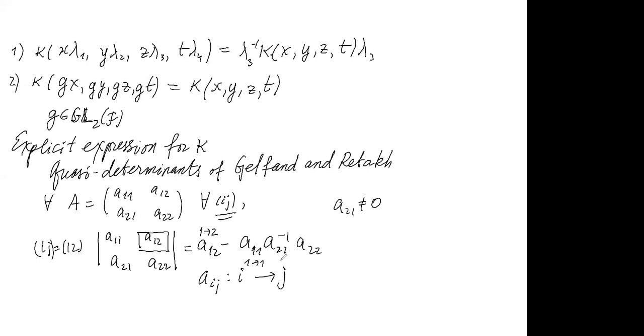Here, A21 goes from 2 to 1, but its inverse goes from 1 to 2. And here we have from 2 to 2 again. So actually, this rule allows you to restore all the corresponding terms in a unique way, pretty straightforwardly.